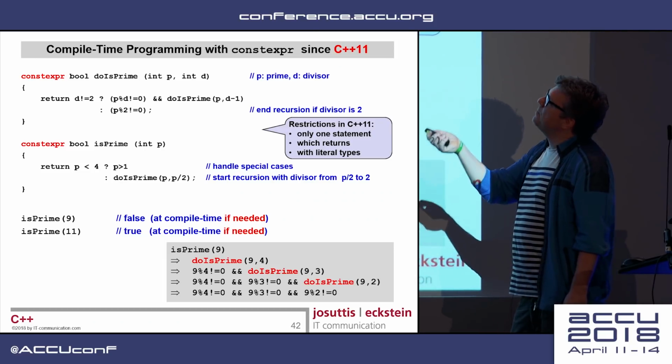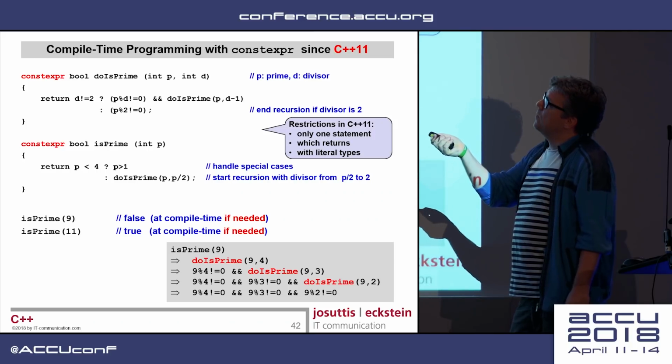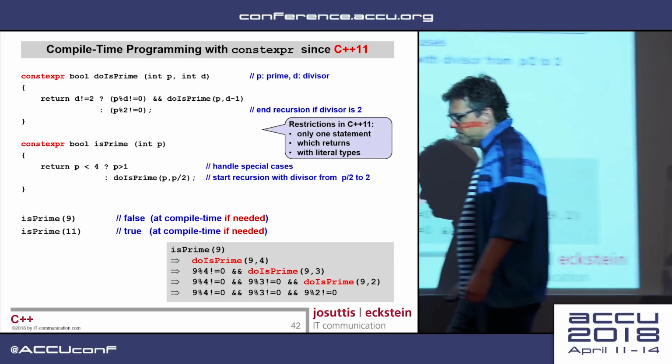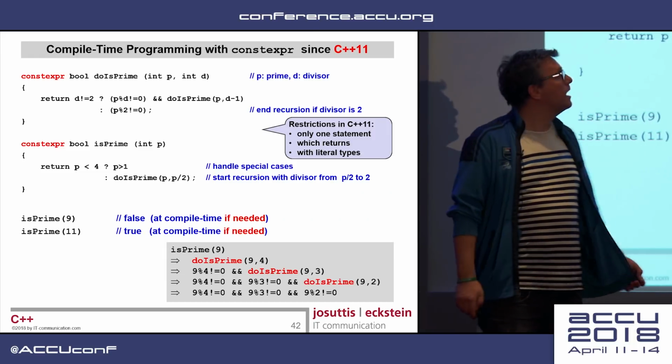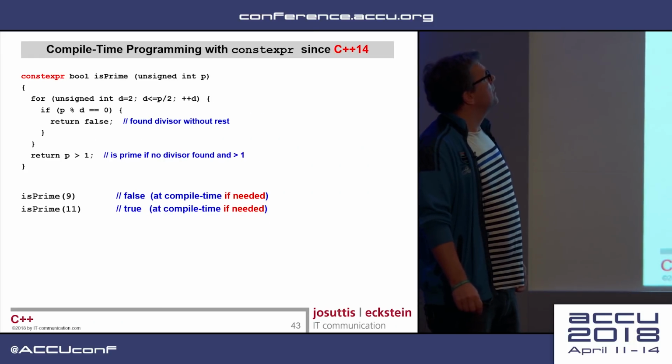We had some restrictions in C++11 that only one statement was allowed, which had to be a return statement and only using literal types or other constexpr functions. And then the big thing was changed in C++14.